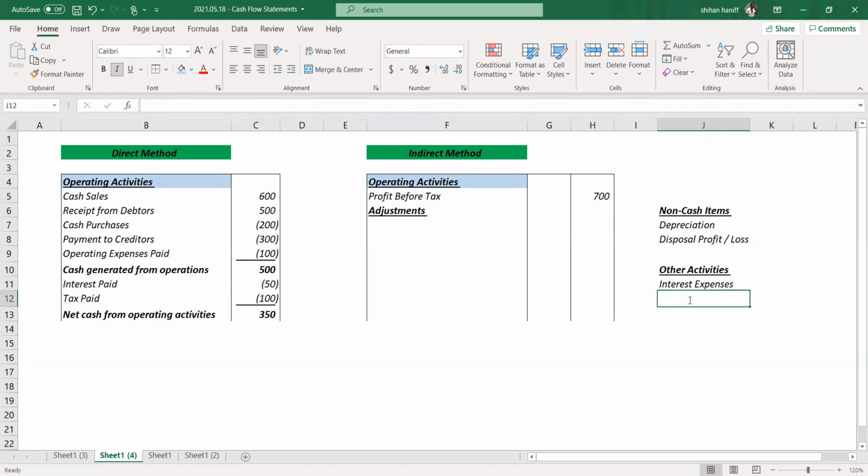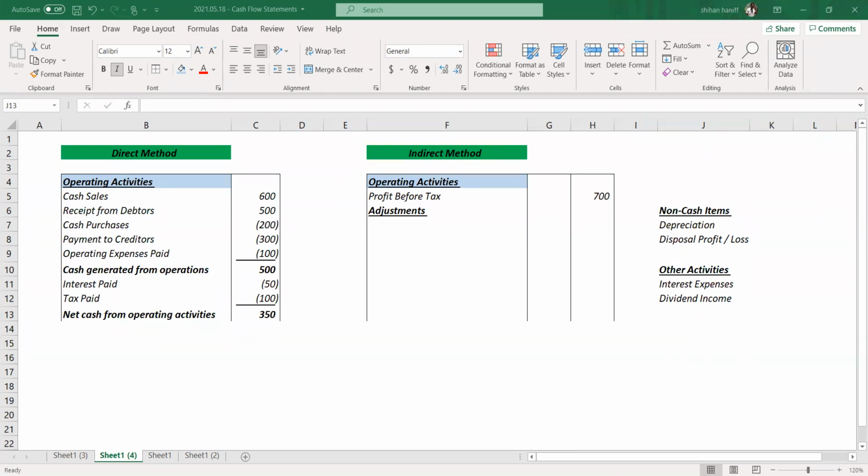Then you may have dividend income. Dividend income, normally it will be added to the other income that has to be removed. Right? So mainly those adjustments we have to make.